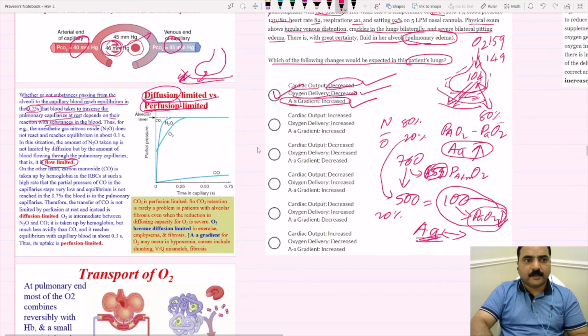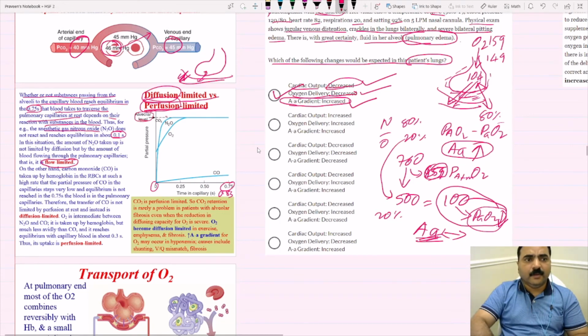So, for example, the anesthetic gas nitrous oxide does not react with anything in the blood, so it reaches equilibrium in about just 0.1 seconds, where you have around 0.8 seconds. Okay, that's the cardiac cycle duration, you have the time.